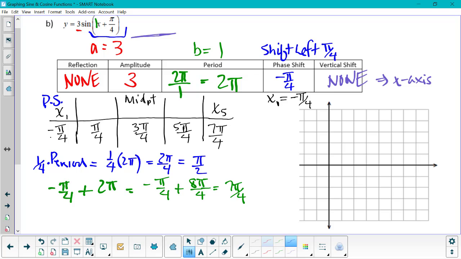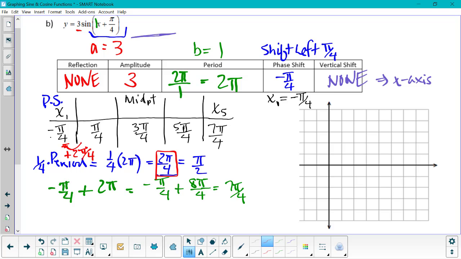Sometimes I like to leave it not reduced when I'm having to find those x values. I want my fraction to be in the same units as the phase shift so that I can add. So basically you're adding 2 pi over 4 each time, which is pi over 2.